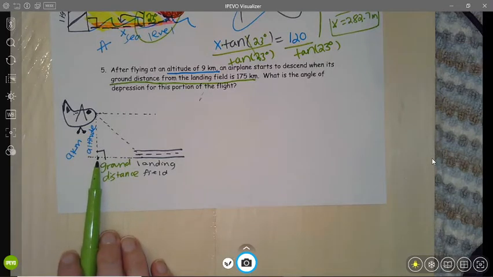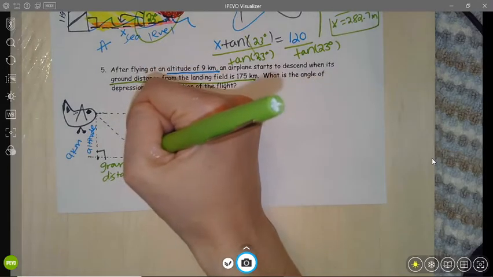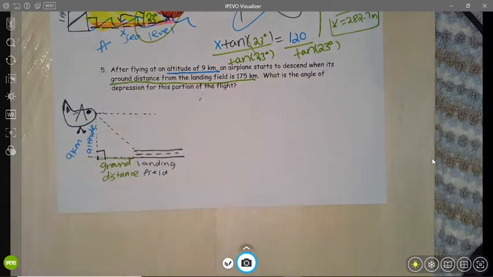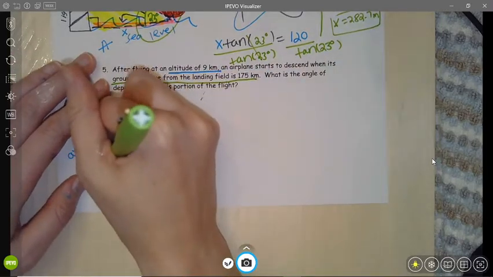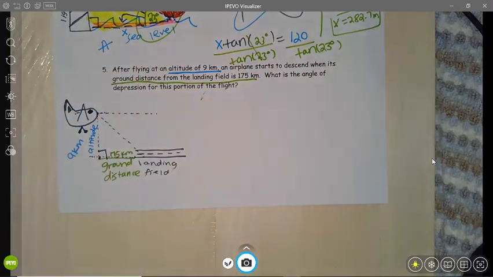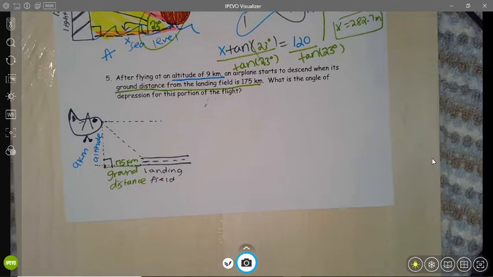And the distance from that spot to the landing field is called the ground distance. So the horizontal distance, if the plane was on the ground, to the landing field is 175 kilometers. Okay, so that is what that is referring to, which I know the wording's a little strange, but that's what it says.